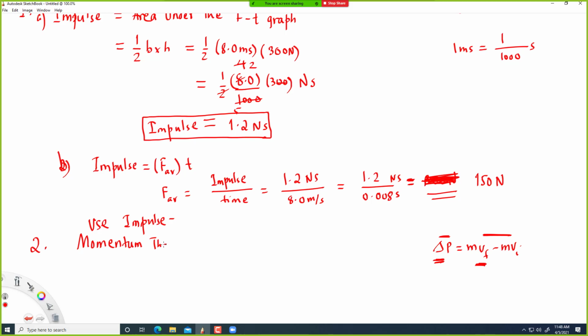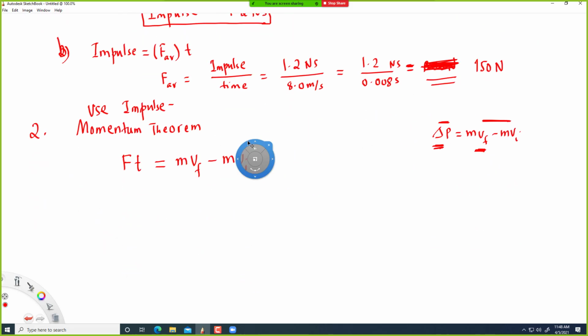So what is the impulse momentum theorem? When you apply an impulse, which is F times t, you change the momentum. Change means final minus initial. This is the final momentum, that's the initial momentum. That's what we want to use. So plug in the numbers.